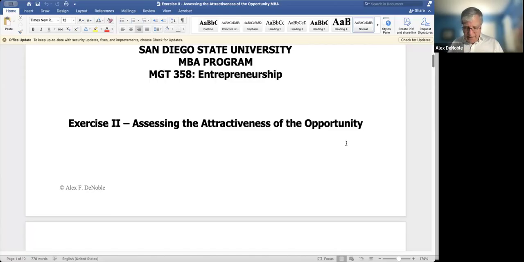If you look at the business model generation, there's a free online version, and I listed it in the course materials section of this syllabus. You can find a free online version of business model generation that walks you through the business model canvas if you've never seen it before.